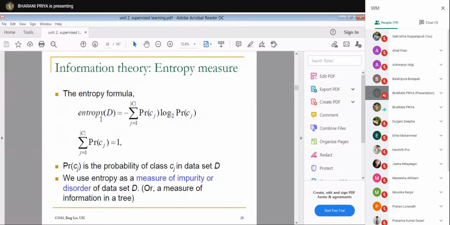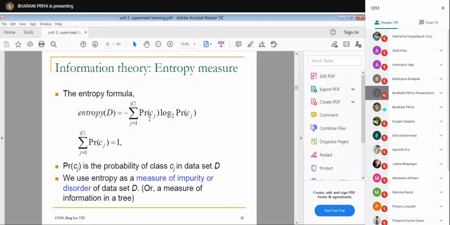So, the entropy measure: you need to calculate the entropy of the entire data based on their class values. So for the entire data, it is given as 1. The probability of what is Cj?